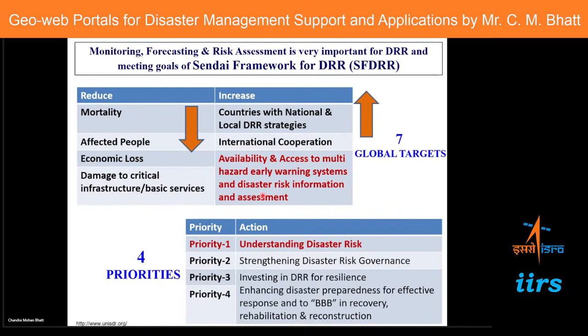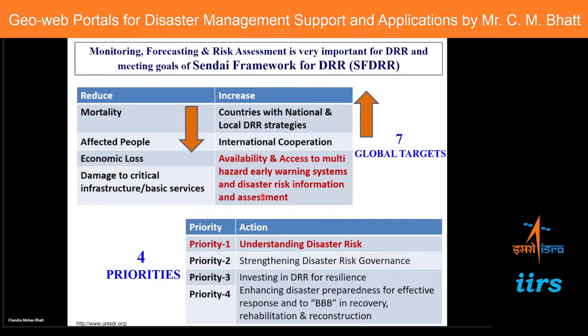Before I proceed further, once we speak about any disaster we should be aware of the latest disaster management framework in place. It is called the Sendai Framework for Disaster Risk Reduction. All disasters, whether atmospheric, oceanic, or land-based, are covered within this.